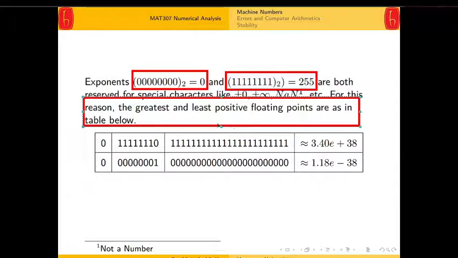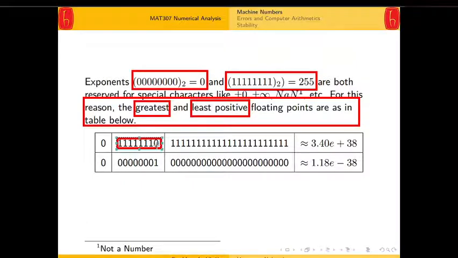So say we are dealing with positive floating point numbers, the least positive and the greatest. The greatest will have 0 in the sign, because we are working with positive. In the exponent, this will be ones all the way up to the last position, and in the last position we have to have 0 instead of 1, because if we put 1 here, then it won't be a number but a special character.